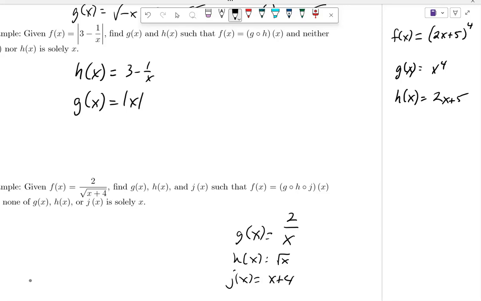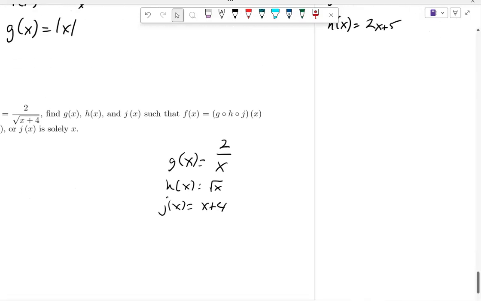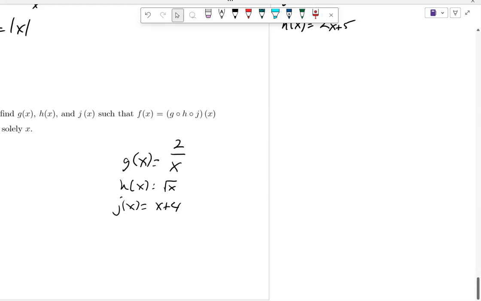I can make another one up. Okay. Let's say we had f of x is the absolute value of, let's say, x plus 2 squared minus 5.